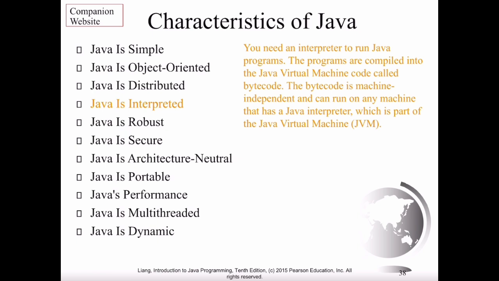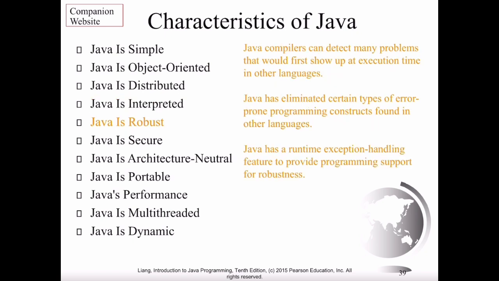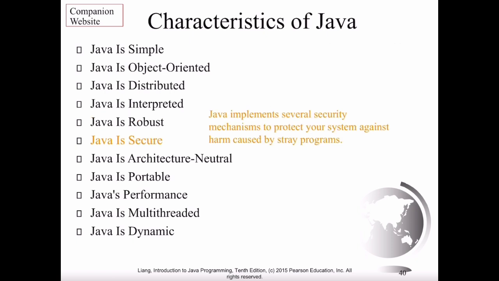Java is interpreted. After writing the program, you can compile it and implement it. Compiling it means translating it, and implementing it means that you can have it anywhere. Java is robust. It detects errors before running the code. Java is secure.